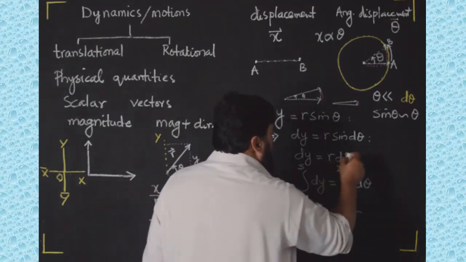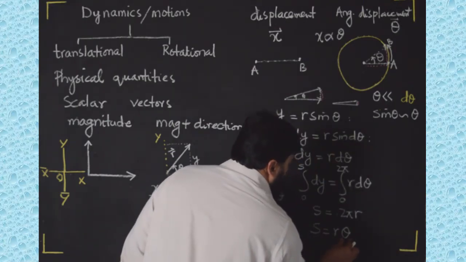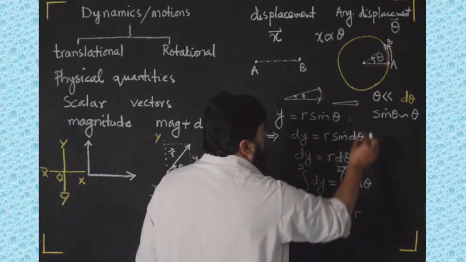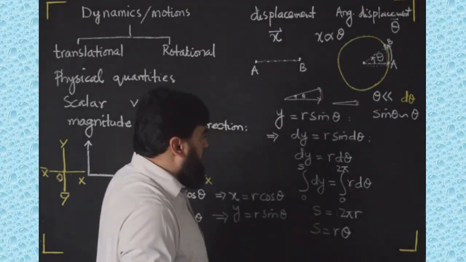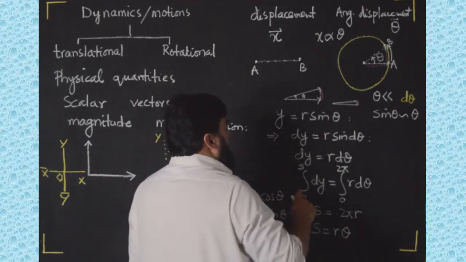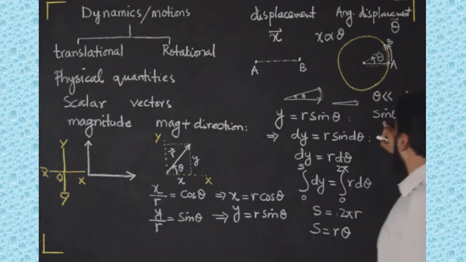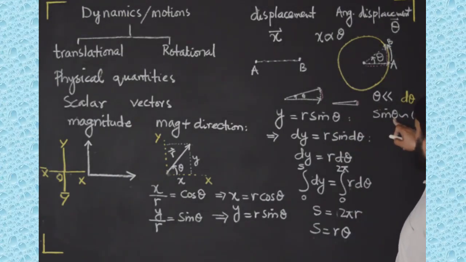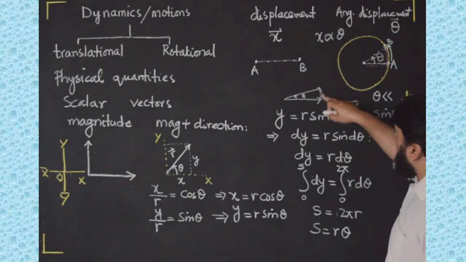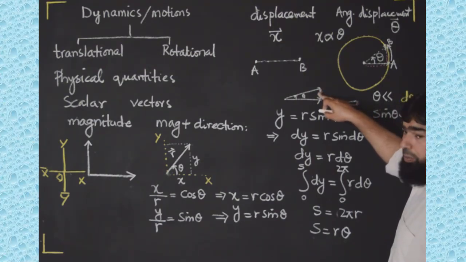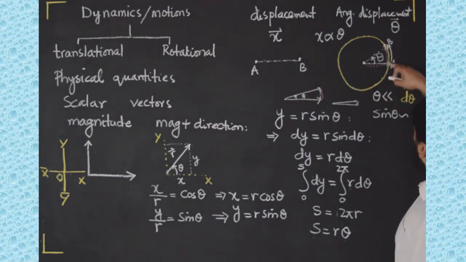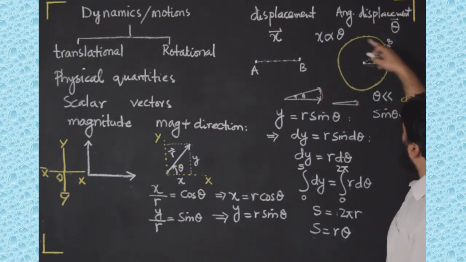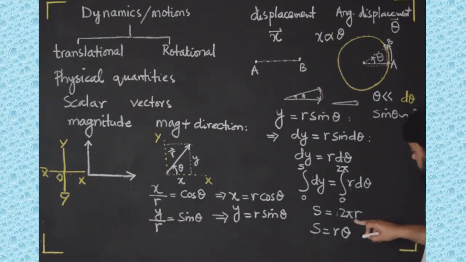Here this theta is supposed to be very, very small in our consideration. Now this is the full theta here. So we can approximate that when theta is very, very small, this arc length is almost equal to this perpendicular length. For the whole circle, this angle will become 2 pi.